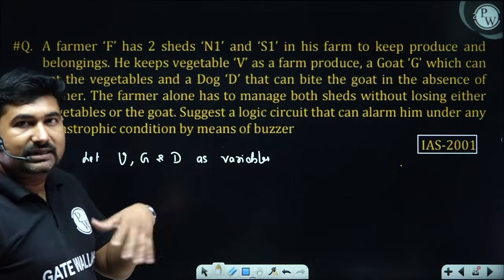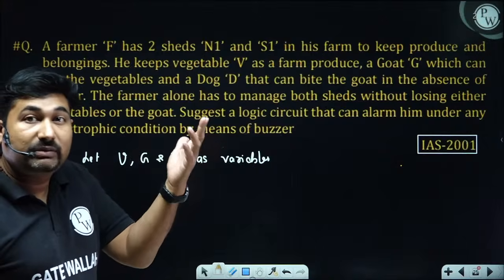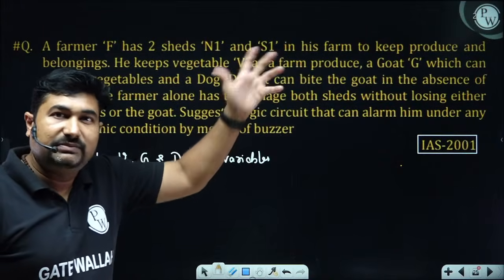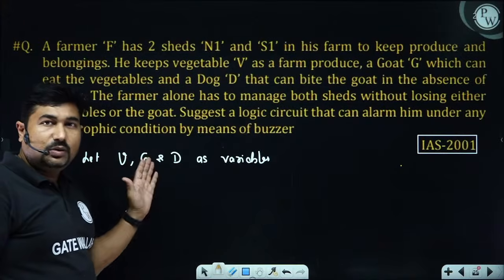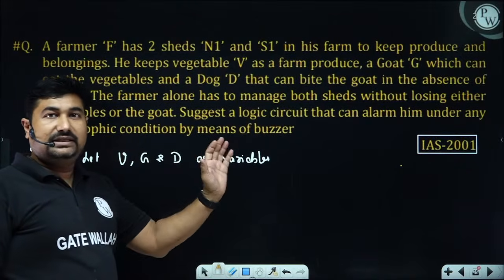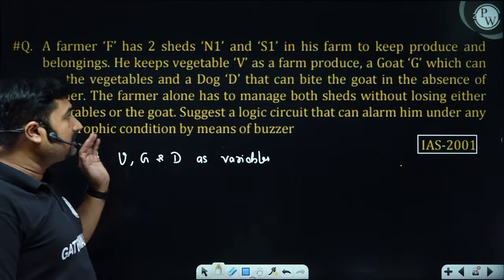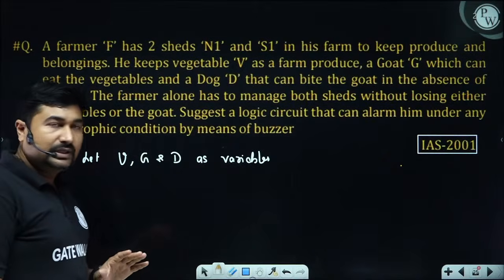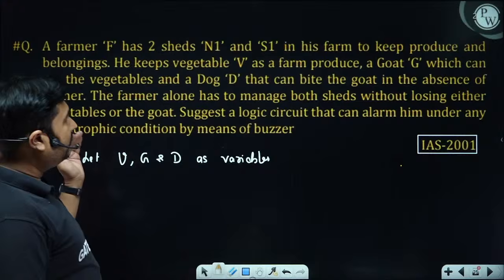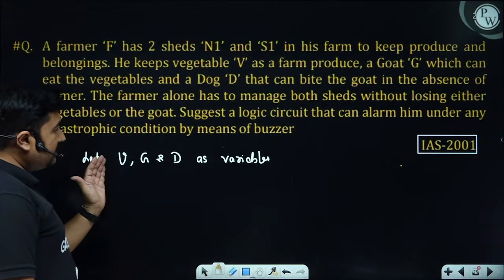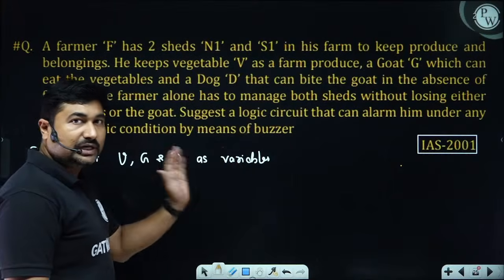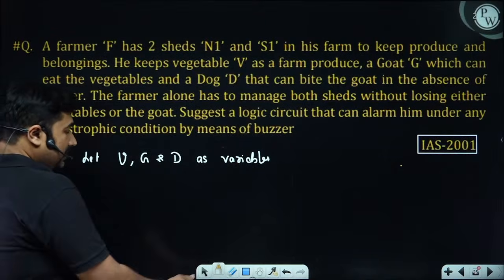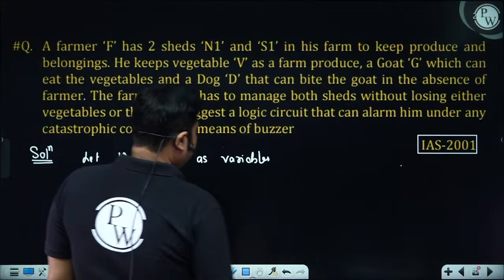These three are the variables. Vegetable as a farm produce, goat as a farm produce, and D, dog, as a protector of the farm.